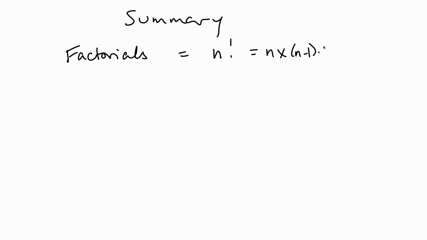So in summary, factorials are really excited numbers that are themselves times all of the whole positive numbers smaller than themselves.